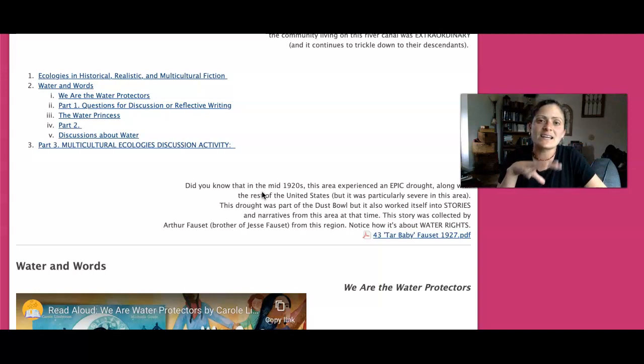He collected it in the 1920s when this area was facing a historic drought that was so severe it killed off a lot of forest areas in this region. And in this story, it talks about water rights. Usually Tar Baby stories are about food rights, but this is about water rights. And so this narrative about water and lack of access to water is a shared narrative that circumnavigates the globe.